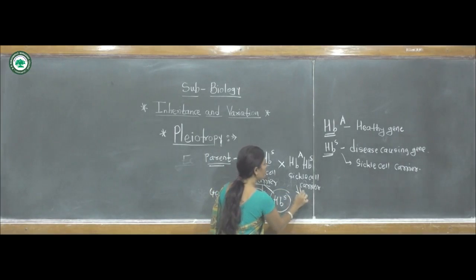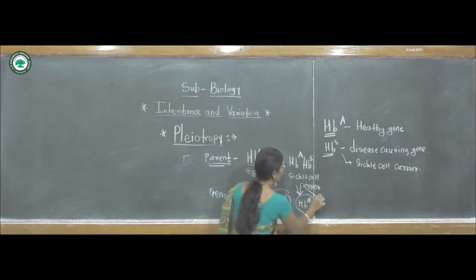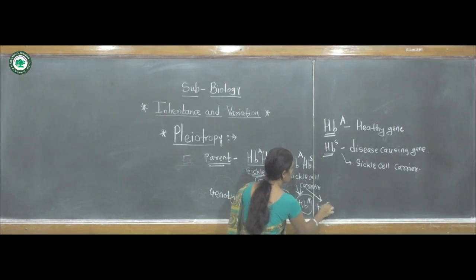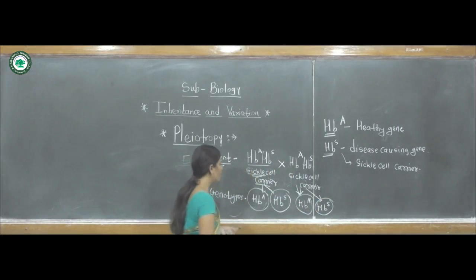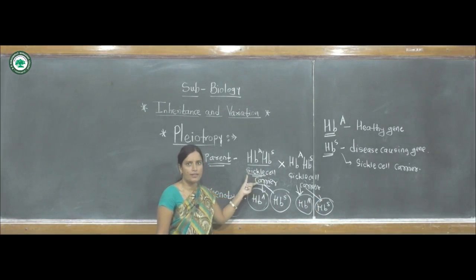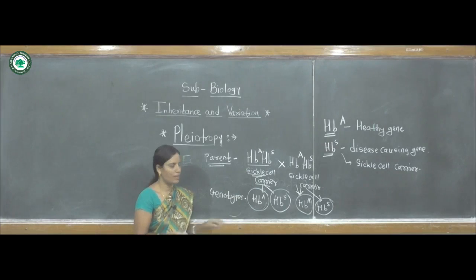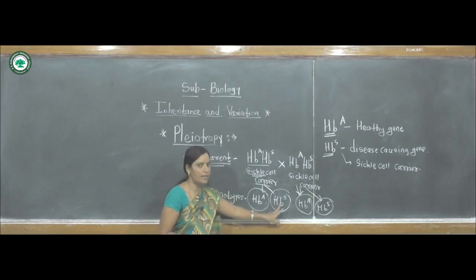In the same condition, HBA is one and the other is HBS. This is a marriage between two sickle cell carriers, and these are the two types of genotypes, HBA and HBS.